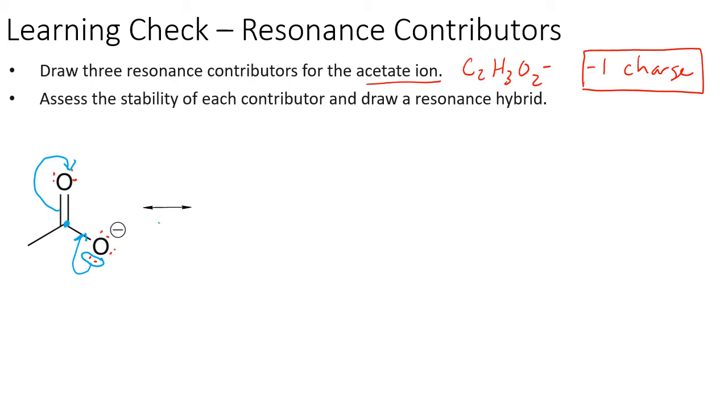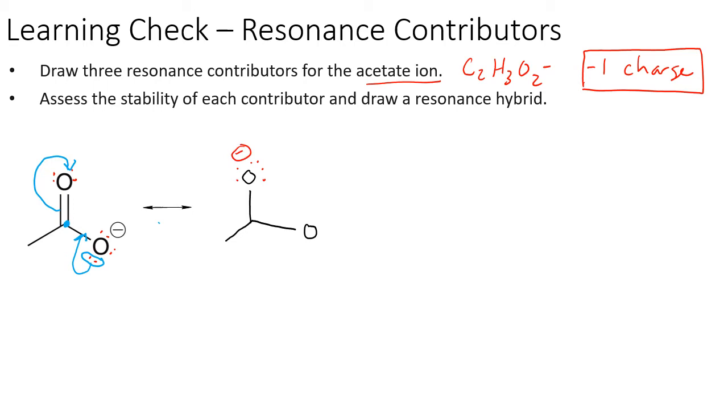So let's draw our next structure here. We now have our top oxygen with 3 lone pairs of electrons on it, so it's going to have a -1 formal charge.